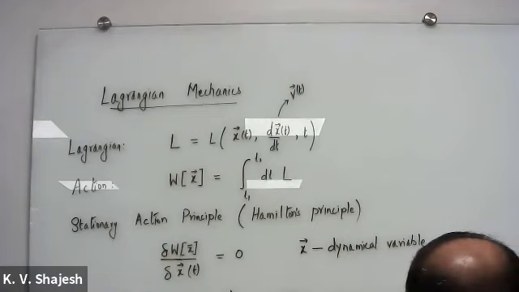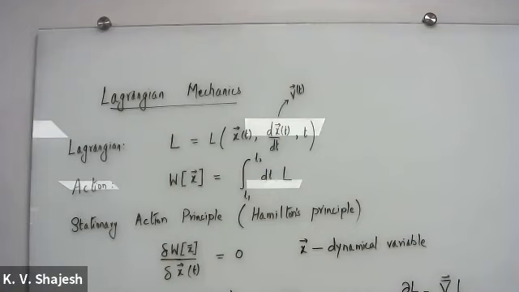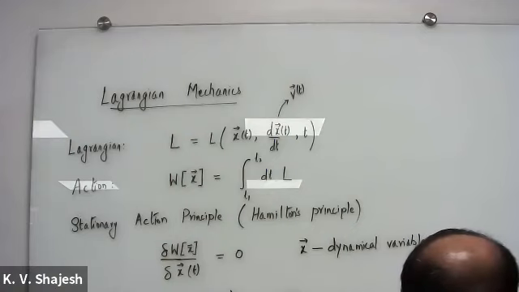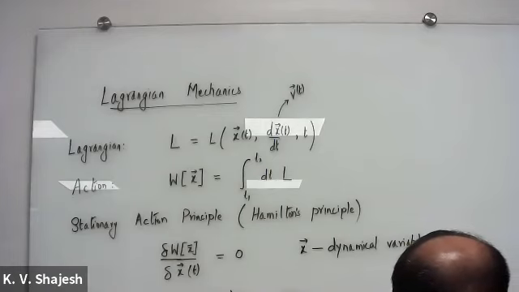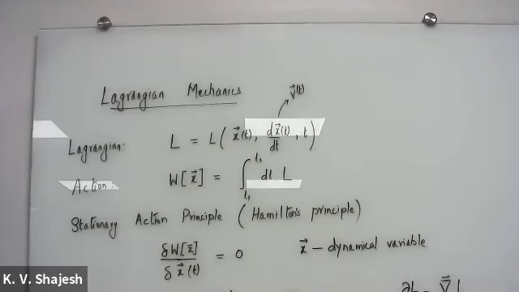I will also use the notation gradient of L, which is standard. And for the partial derivative with respect to velocity, it's good to say this is the velocity gradient.